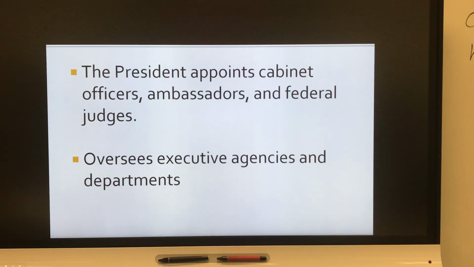There are about 15 cabinet members in the United States. It's the Secretary of State, Secretary of Defense, the Secretary of Education, Secretary of Homeland Security. These are all presidential advisors, and they help the president by giving him advice on making decisions in different areas of expertise. The president gets to pick who his cabinet advisors will be.